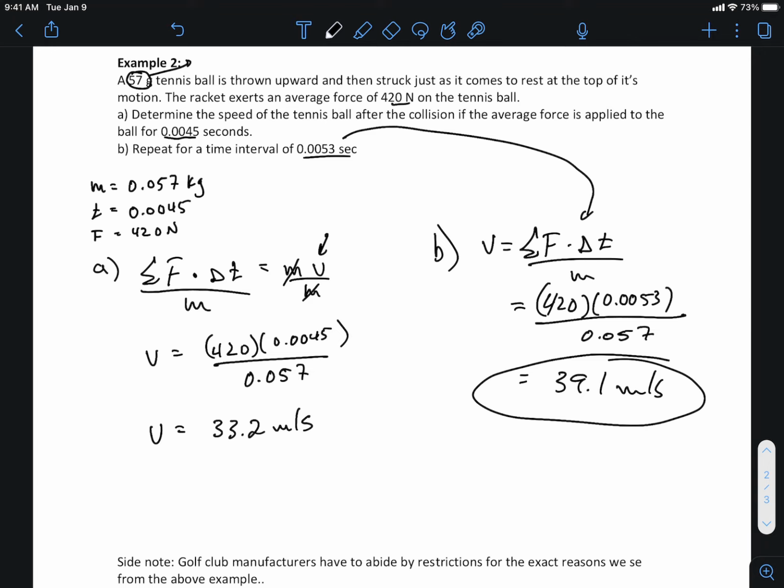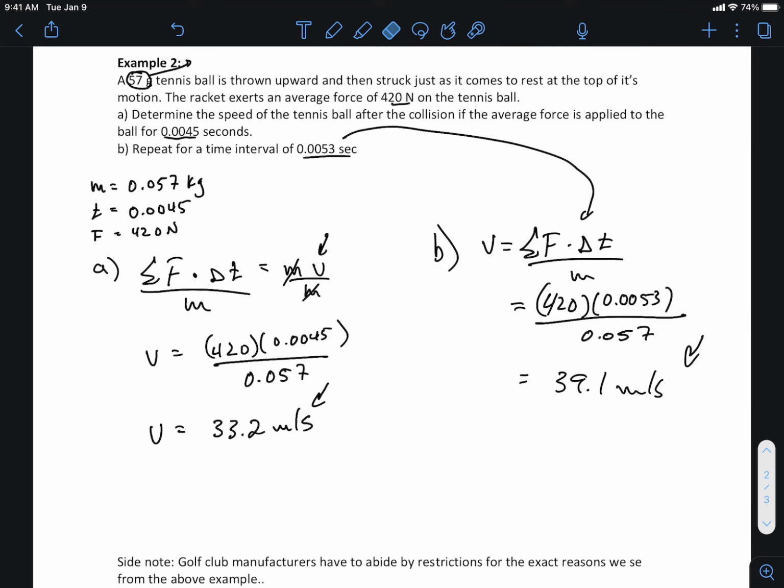That's for the reason that obviously if the ball leaves with a higher velocity, it's going to go further, right? And so where's the limit? The USGA draws a limit to say the ball can't spend this amount of time on the face, and that's it. Any more, it becomes an illegal club for tournament play.